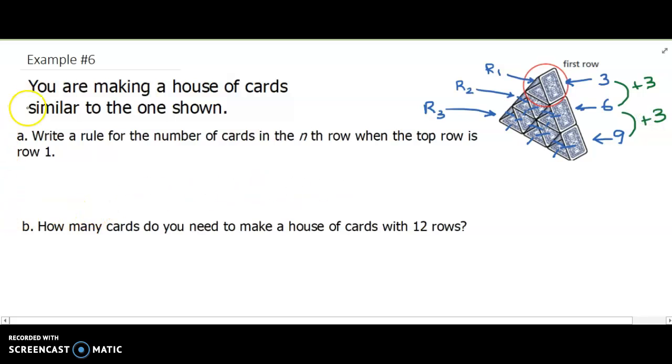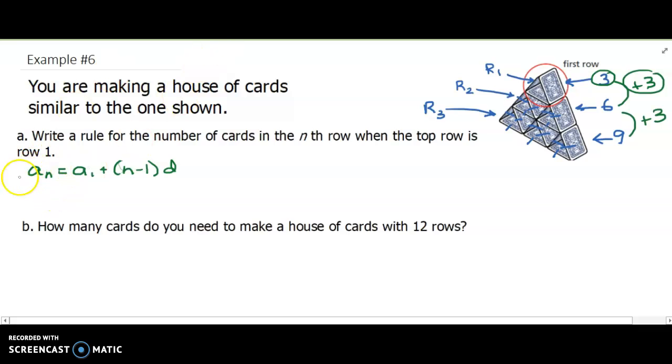Okay, so I want to write a rule. So to write a rule for an arithmetic sequence, remember we have to show it's arithmetic first. I know all arithmetic sequences, I can write a sub n equals a sub 1 plus n minus 1 times d. Okay, well my d is 3, and my row 1 or a sub 1 is 3.